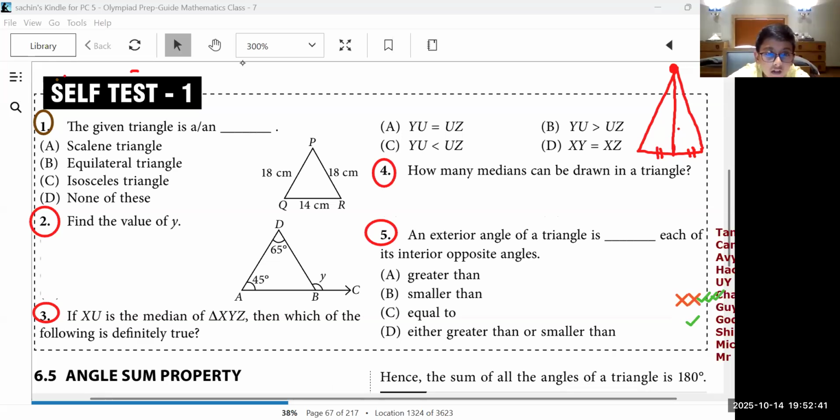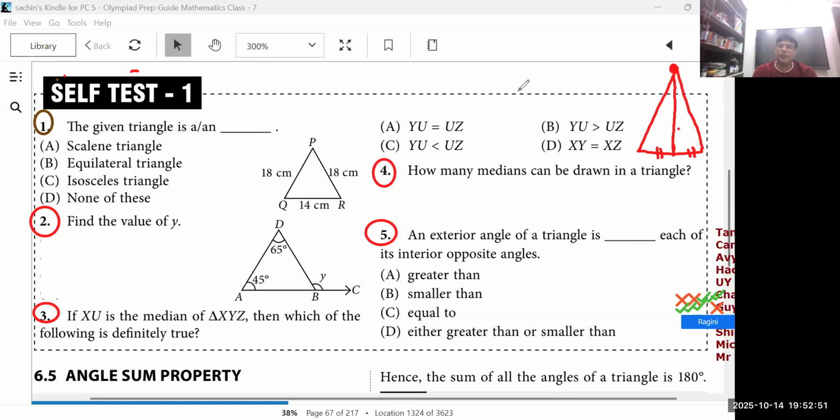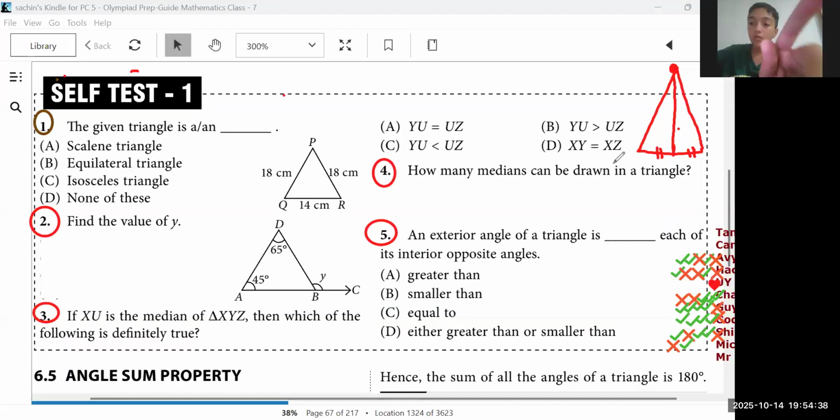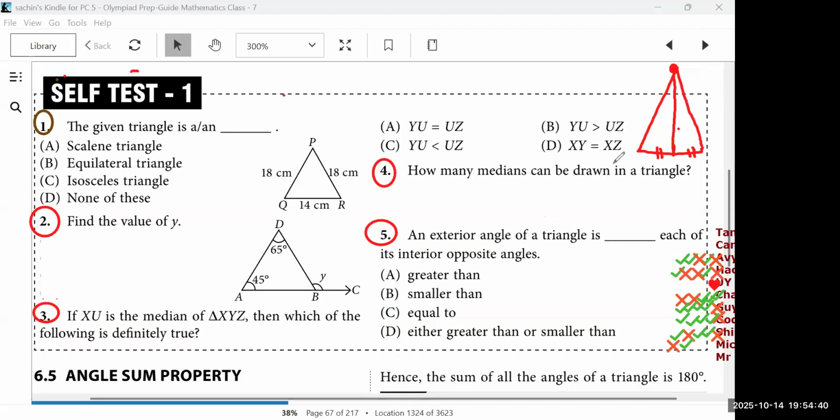So I do not understand what the 5th question means. Beta, you can send whatever you understand. Whatever you have done, send that.